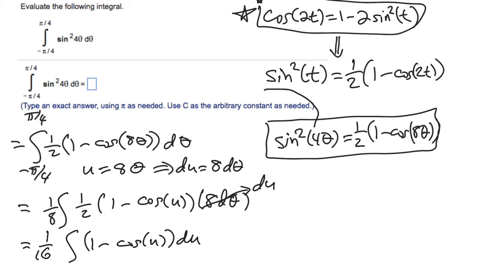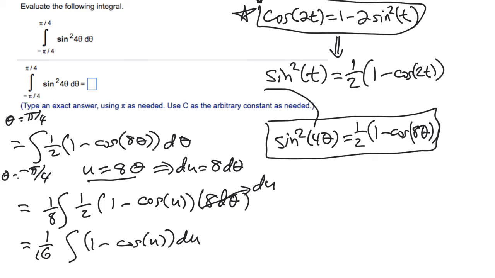You'll notice that I also lost my limits of integration at some point along the way. Those were originally in terms of theta, right? The original question was about thetas. And my integral down here is in terms of u. So what I really should do is change my thetas into u's, and I know how to do that because I know the substitution. I know that u is 8 theta.